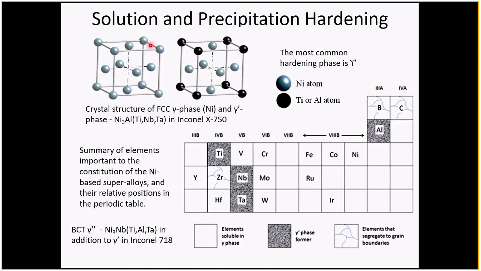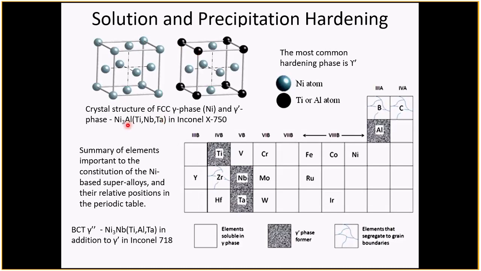If this is the FCC lattice for pure nickel, one can form precipitates of an ordered phase. And when they say ordered, this is an ordered phase here. You have the same crystal structure, but you substitute for the base material, in this case nickel, another element.